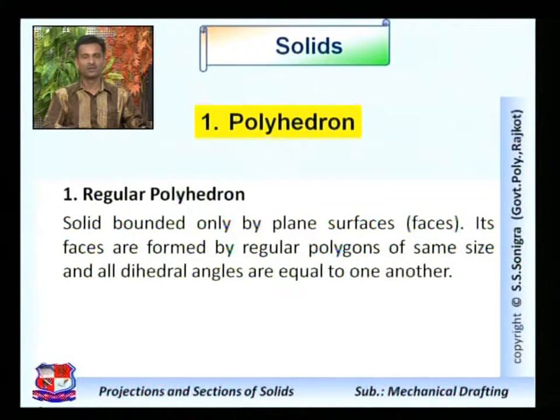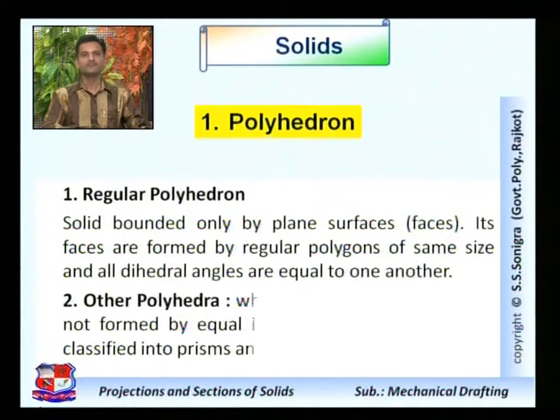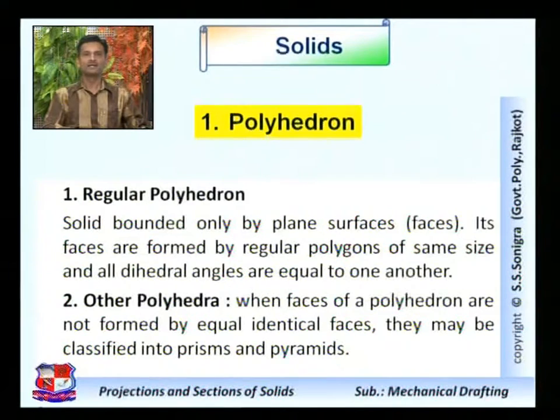For example, a cube has all faces of equal shape and size, so those types of solids come under the category of regular polyhedron. For other polyhedra, when the faces of a polyhedron are not formed by equal and identical faces, they may be classified into prisms and pyramids.